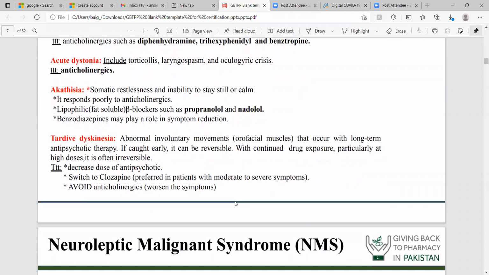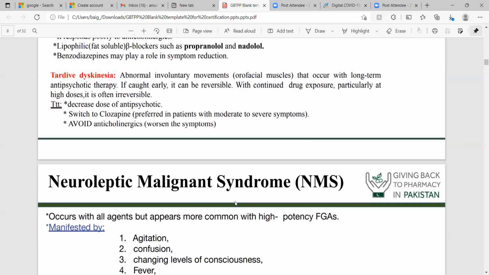If a patient develops tardive dyskinesia, which is abnormal involuntary movements occurring with long-term antipsychotic therapy, the treatment is to decrease the dose of the antipsychotic or switch to clozapine. We switch to clozapine normally when all those agents are not working, and we avoid anticholinergic symptoms.